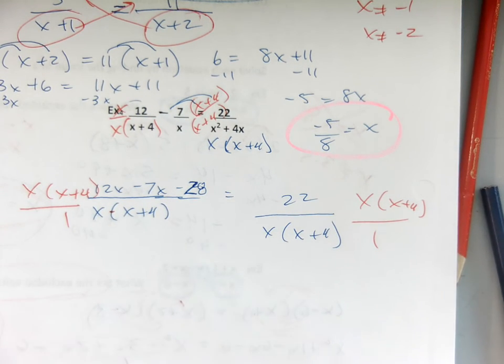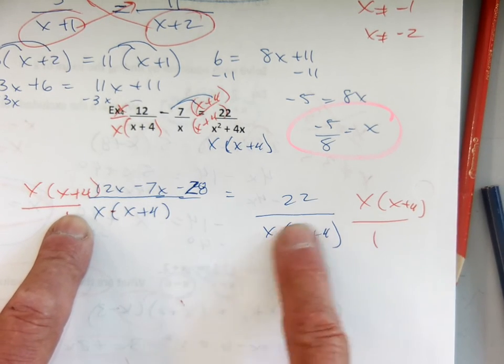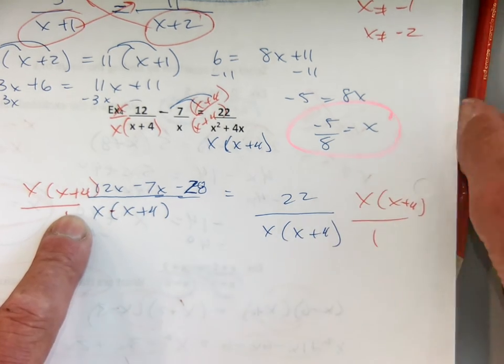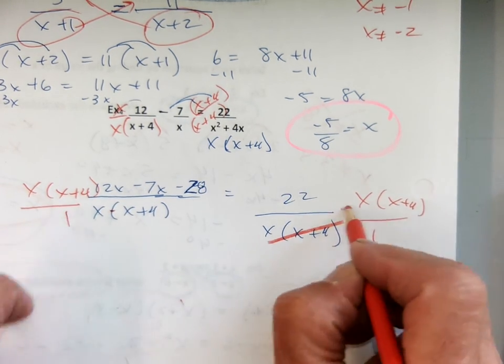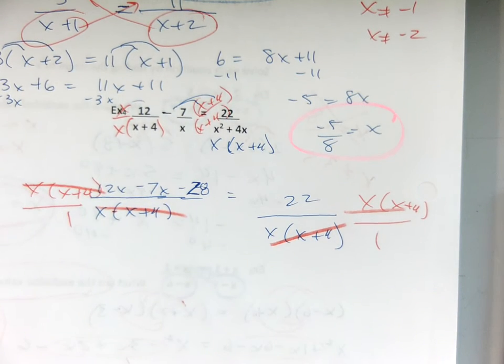If I multiply both sides by the common denominator, it gets rid of your fraction, doesn't it? Completely cancels your fraction. If you have a common denominator all the way through, then you can just get rid of it because you can multiply both sides by that common denominator and cancel it.